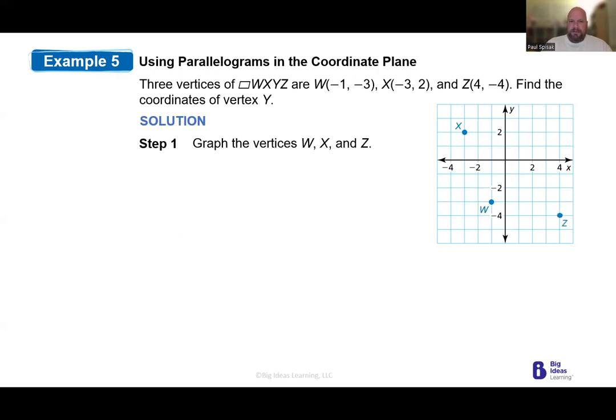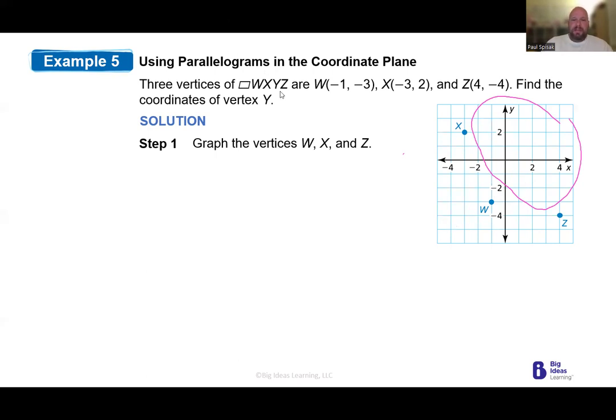So here we have W, X, and Z. So Y has to be somewhere over here, because in order for it to go in the correct order, it'd have to be on that side. Now, you have a couple choices.